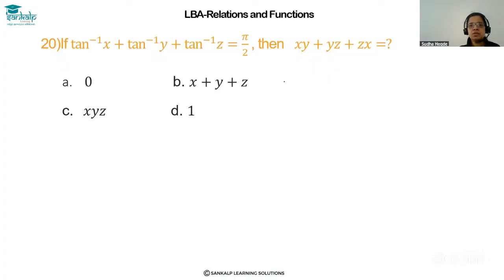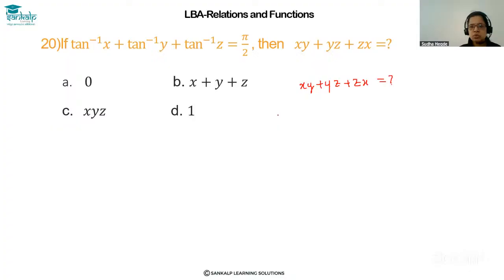Hi students, the question is, if tan inverse x plus tan inverse y plus tan inverse z is equal to pi/2, then you need to find xy plus yz plus zx.